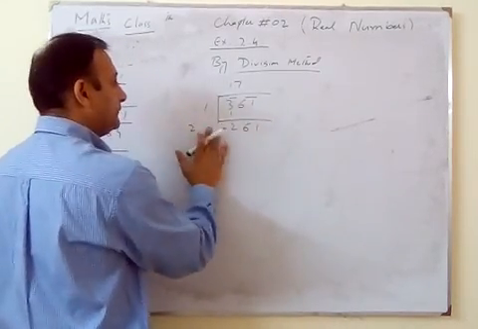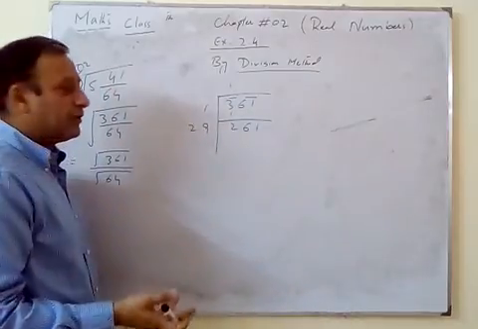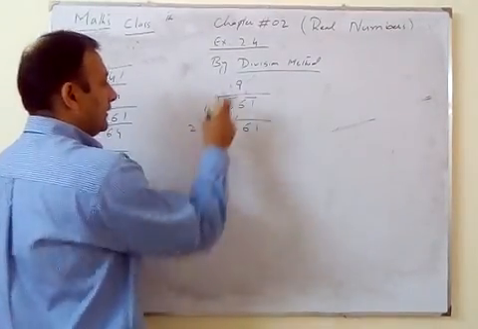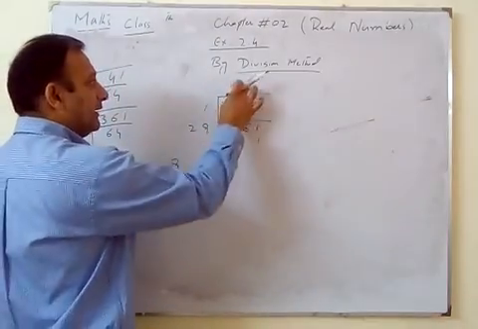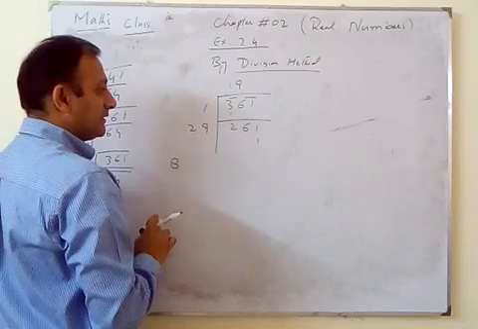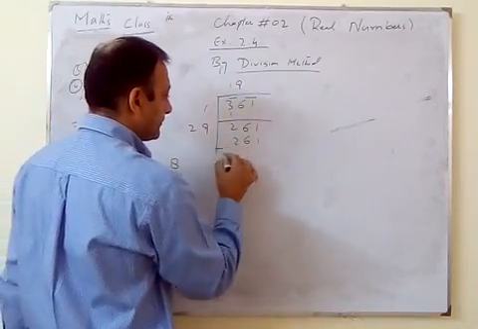It is not possible. So if you want to check, you can check different values. 9 nines are 81, 8 carry. 9 twos are 18 and 8 is 26.